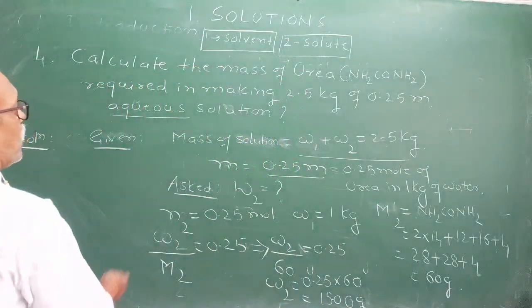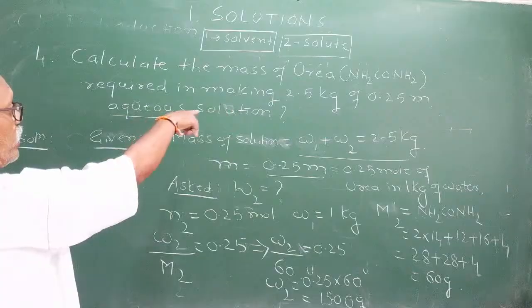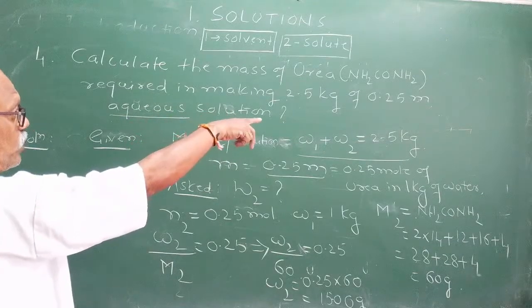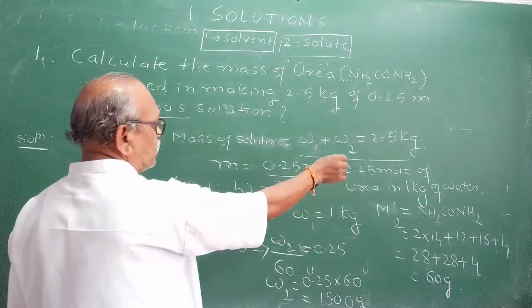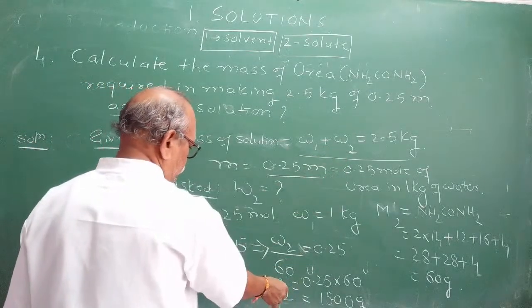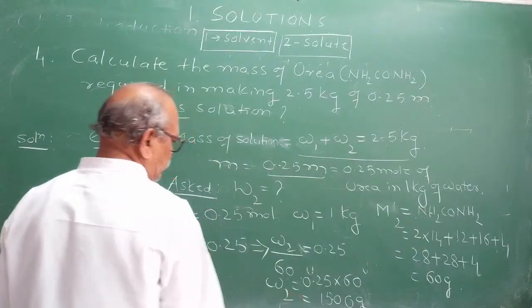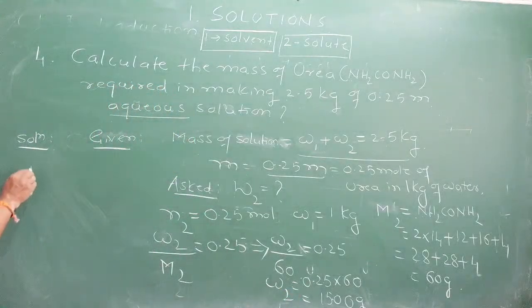Whatever is asked: calculate the mass of urea required in making 2.5 kg of 0.25 molal solution. You got now, mass of the solvent is 1000 gram, that of solute is 15 gram.